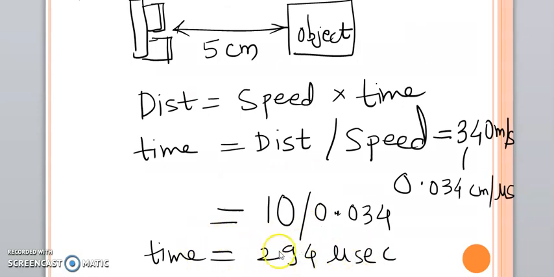So using this value, now we will see how the ultrasonic sensor converts that to distance. Again using the traditional formula, distance is equal to speed into time.